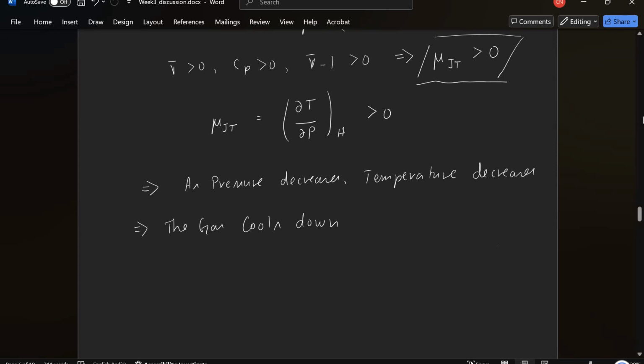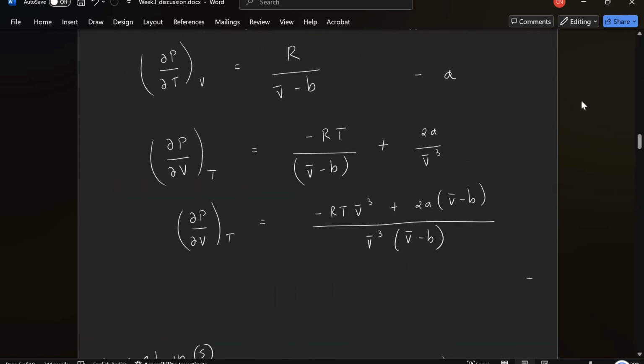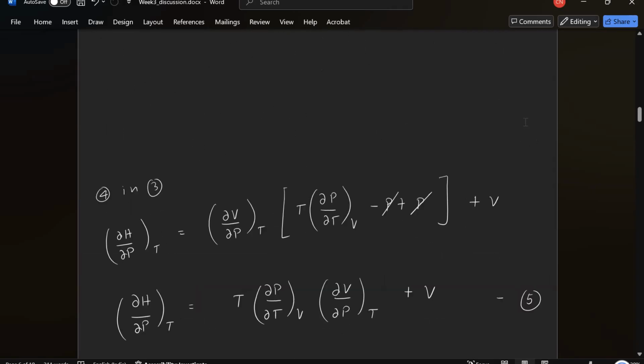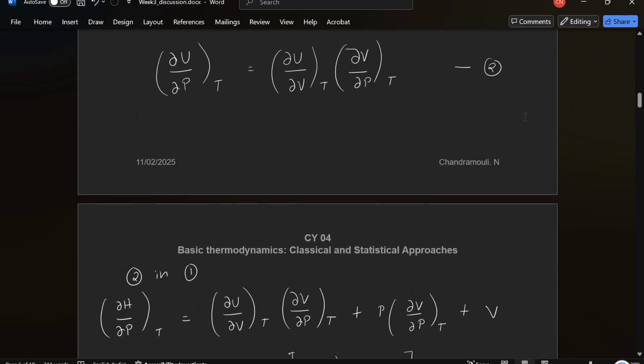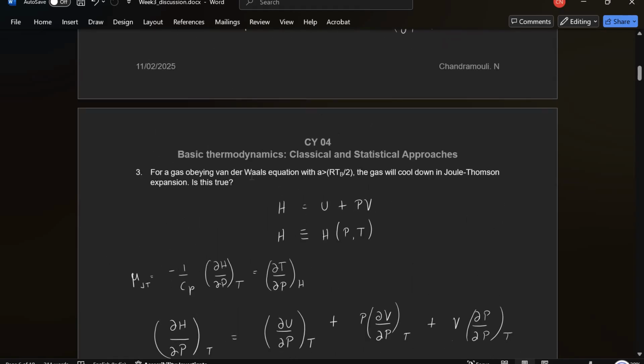So that was the question actually. What would happen to a real gas? We had to go through these derivations. What would happen to a gas that obeys the van der Waals equation in Joule-Thomson expansion? As the gas expands, pressure is going to decrease, and as a result, temperature is going to decrease.